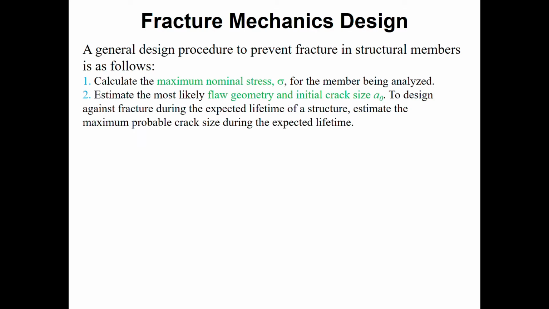Second, estimate the most likely flaw geometry and initial crack size a0 to design against fracture during the expected lifetime of a structure. Estimate the maximum probable crack size during the expected lifetime. Three, calculate K1 for the stress sigma and flaw size a using the appropriate K1 relation.